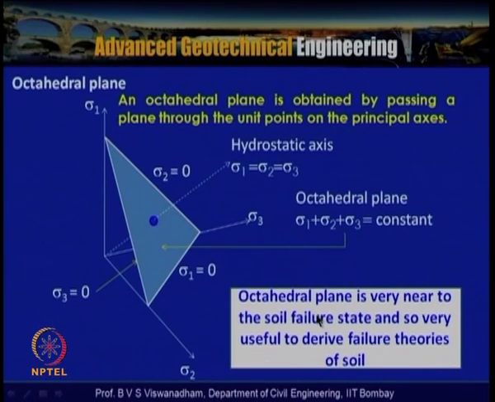The octahedral plane is very near to the soil failure state, so it is very useful to derive failure theories of soil. Octahedral plane has been adopted because it was found to be very near to the soil failure states. We have discussed that these theories were deduced for metals initially, and then extended to soils.